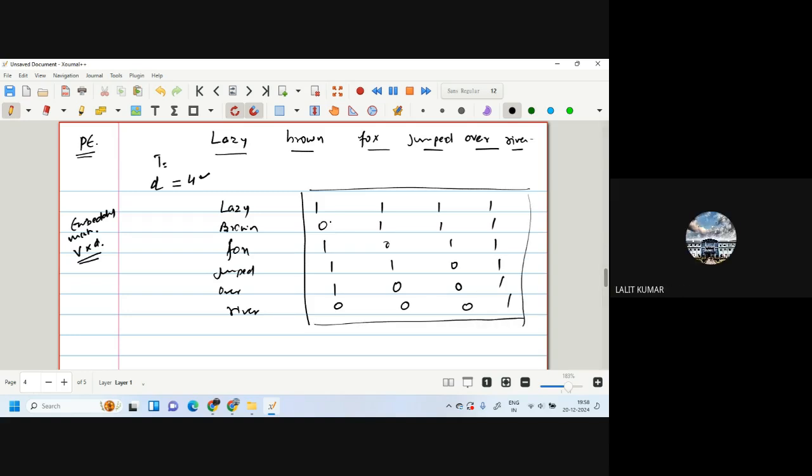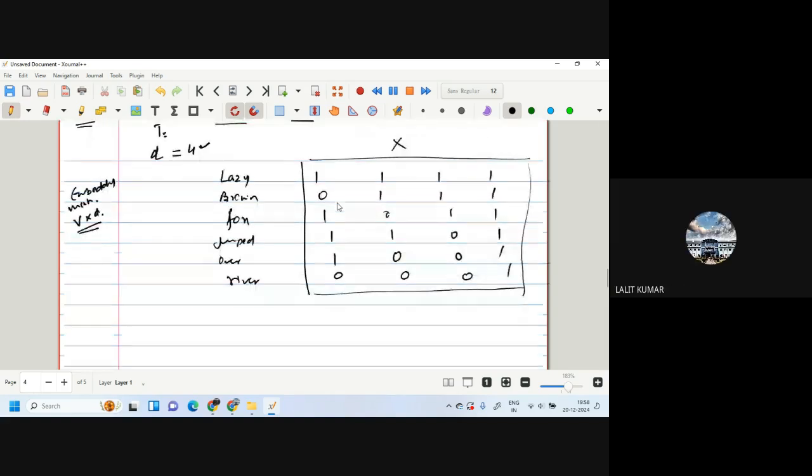And when we do the sinusoidal, how do we do that? We write the position of each token. Position starts from 0: 0, 1, 2, 3, 4, 5. Now for every position, we find the sinusoidal. So this is lazy and position is equal to 0.